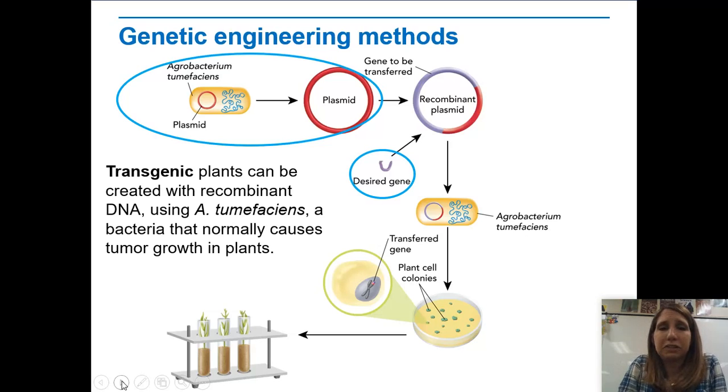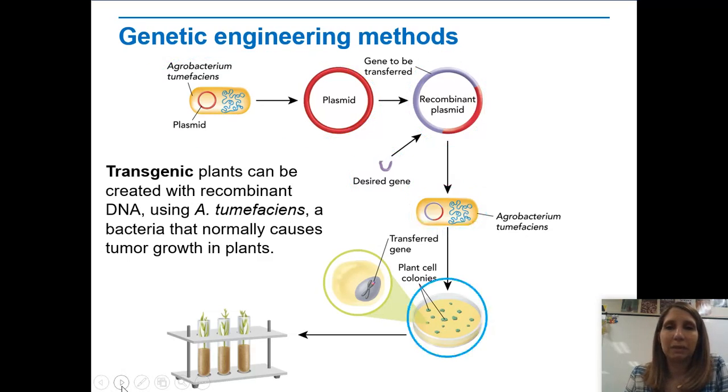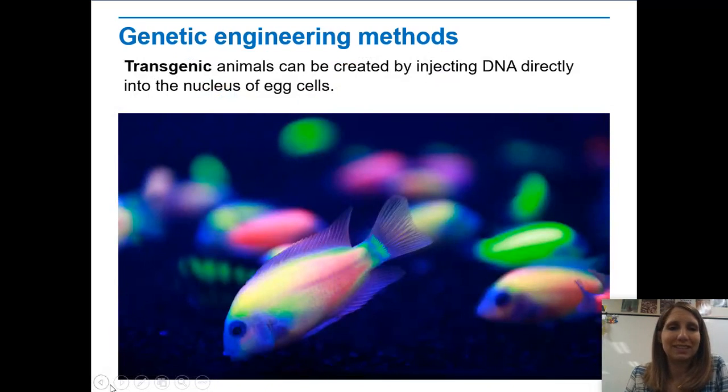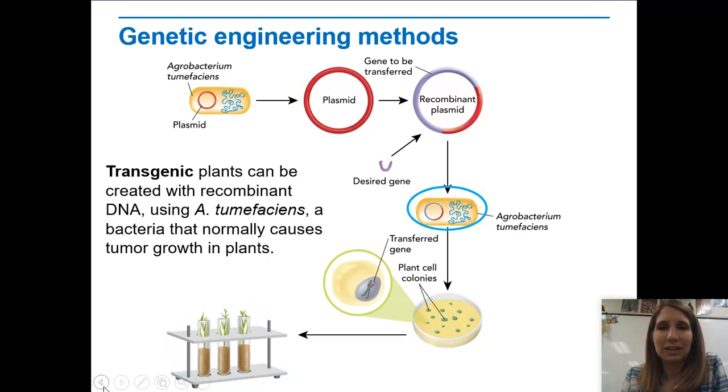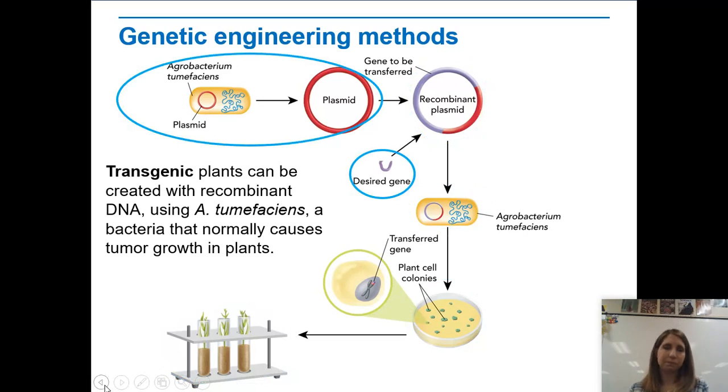So we can create transgenic plants using a type of bacteria that usually can cause tumor growth in plants. Okay, I'm guessing you probably didn't know that plants can develop tumors and cancers. Let me go back. And this type of bacteria can actually cause that type of tumor growth. It's called Agrobacterium tumefaciens, okay, kind of like tumor.